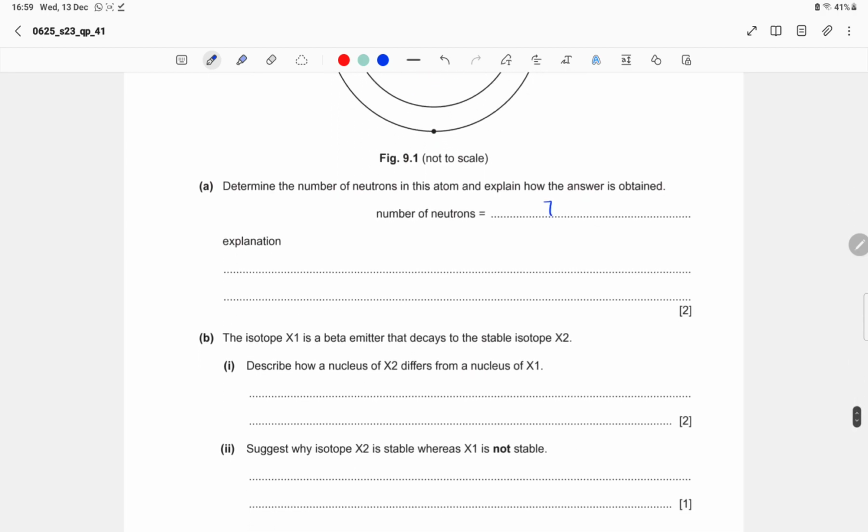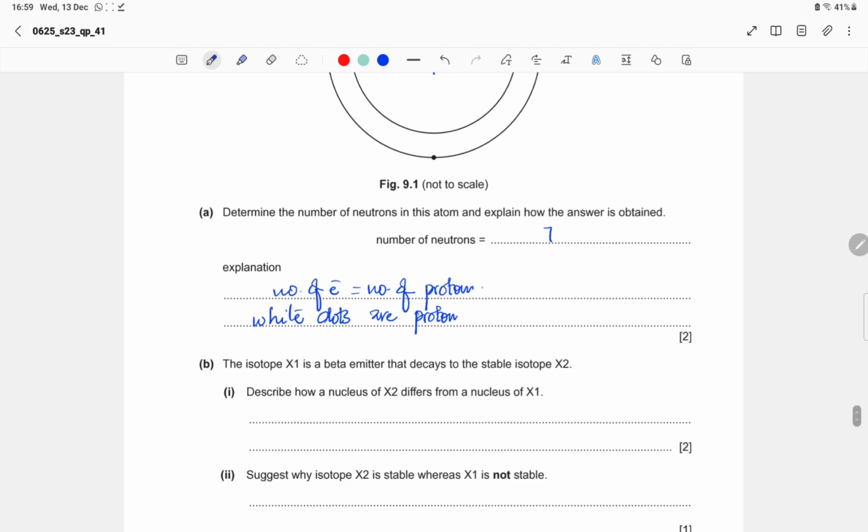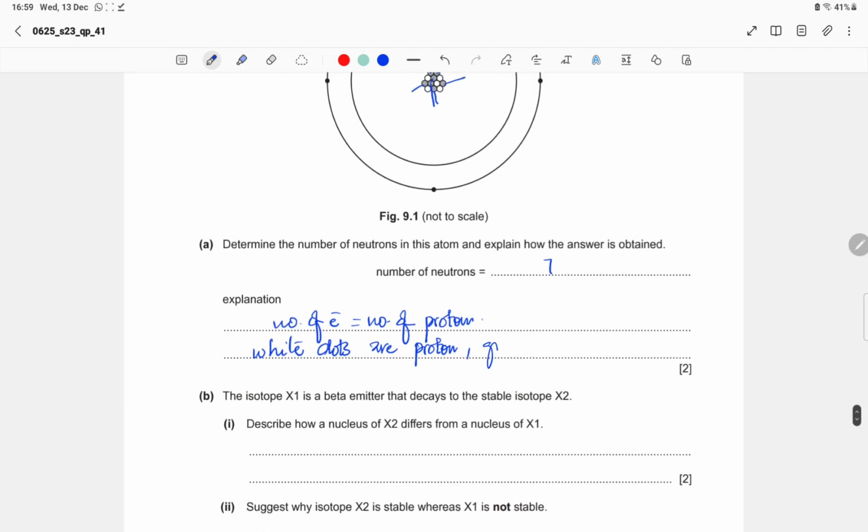And the explanation is that the number of electrons is equal to the number of protons. White dots are protons, and gray dots are neutrons.